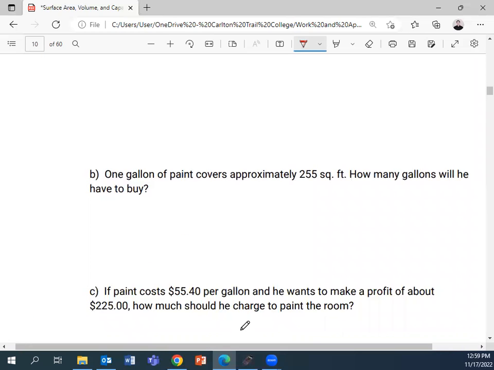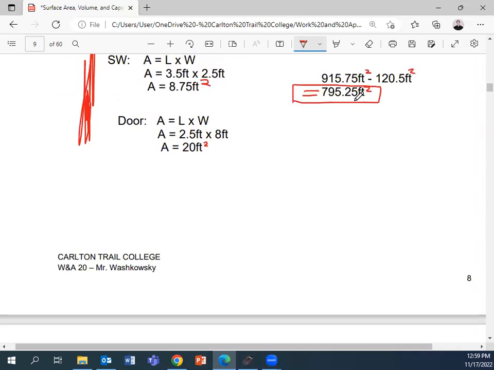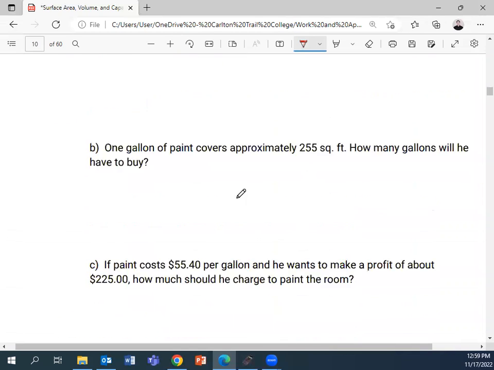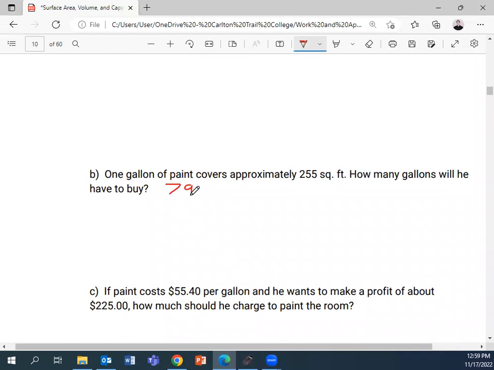Here it is. First off, I'm just going to write this figure down, 795.25 feet squared, because I know this is going to be important. Question B asks about the paint.